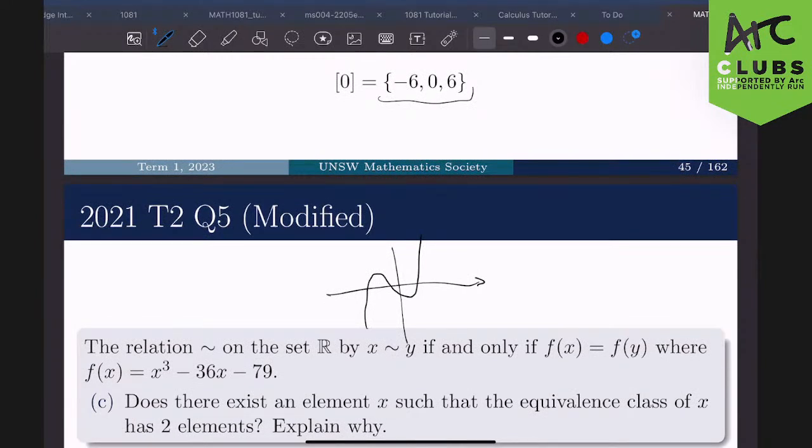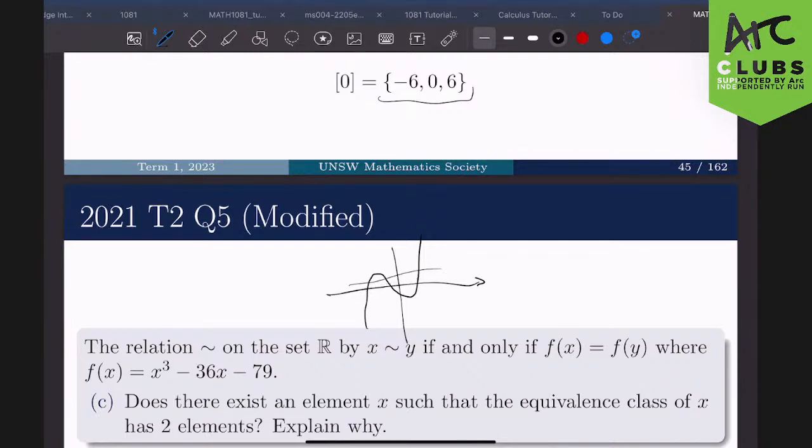That just means when you're drawing for a particular y value, there are 2 points, 2 values of x.